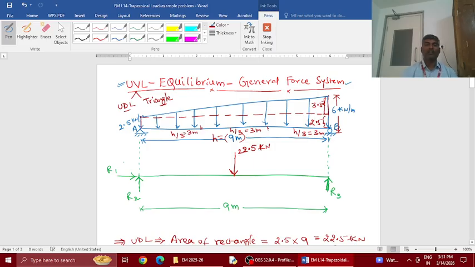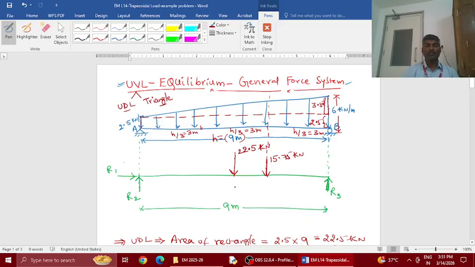So the centroid will be at 3 meters from B. Like here, you drop that point and mention the force. What is the value? 15.75 kilonewton.